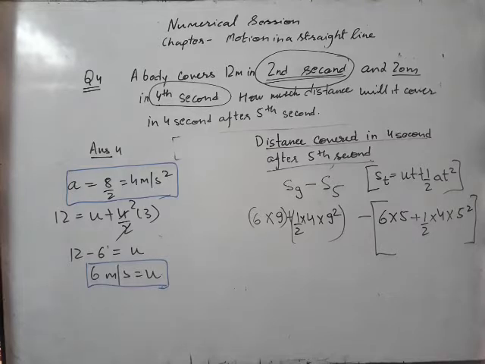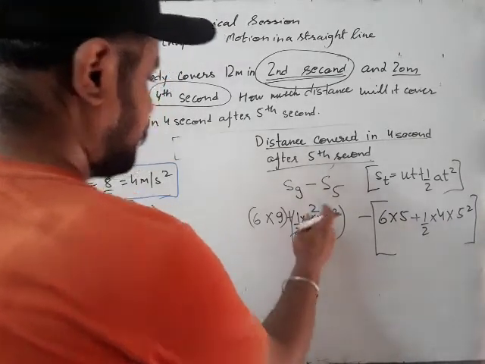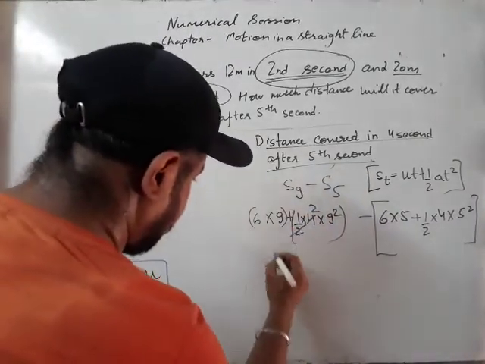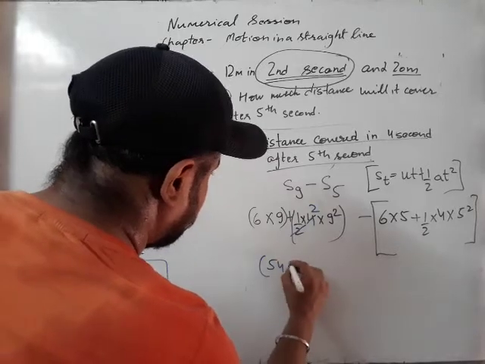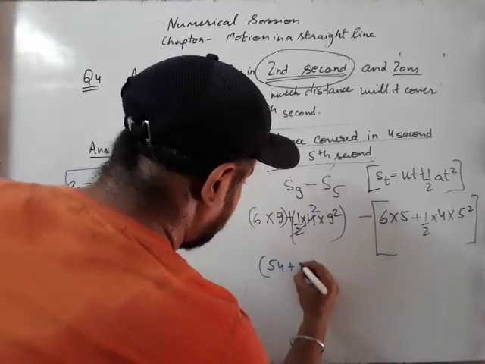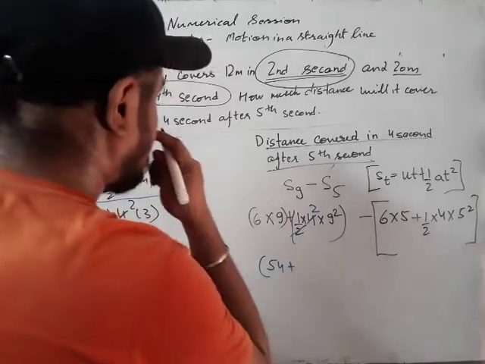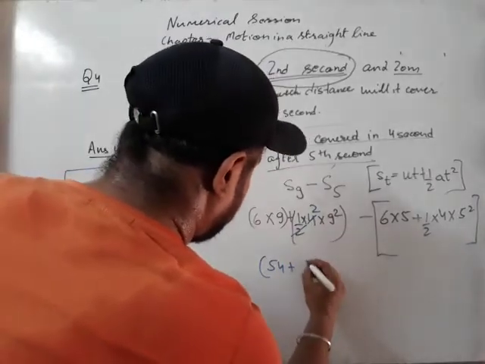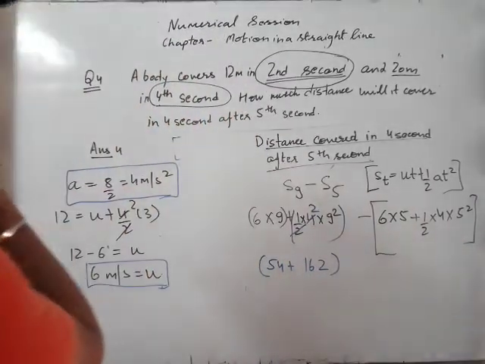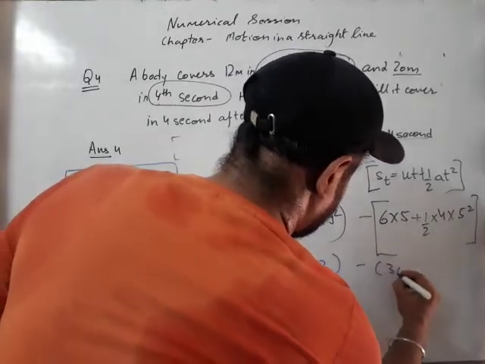Now we will be doing the calculation. When we calculate it, these two will be cancelled. It will be 54 plus 81 into 2, which is 162, minus 30.